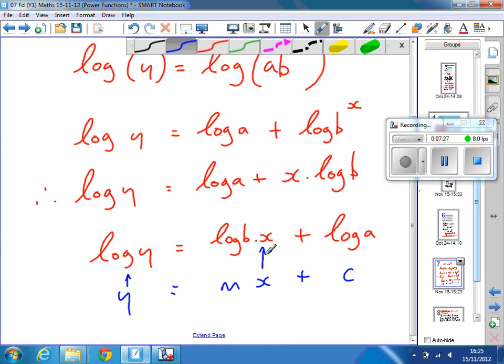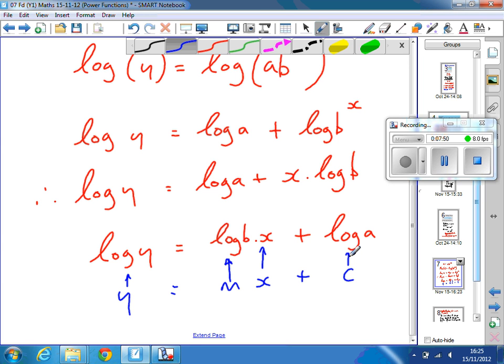And we plot log of y against x. If we get a straight line, then we know it's some sort of exponential function. And once we've found that it is an exponential function, we can then find the gradient. And that tells me the log of b. So I can then find b, because b is 10 to the power whatever that is. And I can also, by finding the y-intercept, find a.